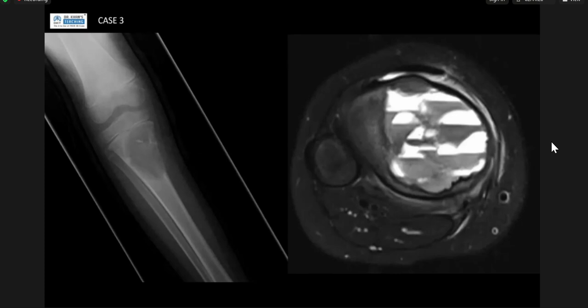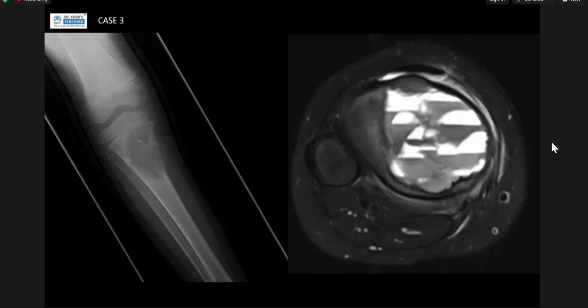The upper end is adjacent to the epiphysis, not reaching the articular surface. It's limited by the epiphyseal plate. There is, I think, fine internal septation, and on the T2 fat-saturated image of the concerned lesion, showing multiple air fluid levels with high signal and low signal alternating.